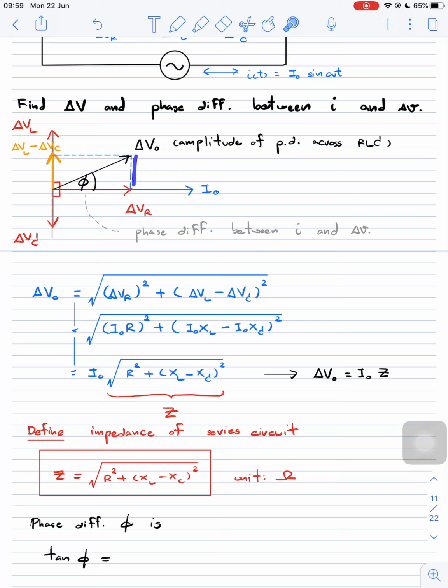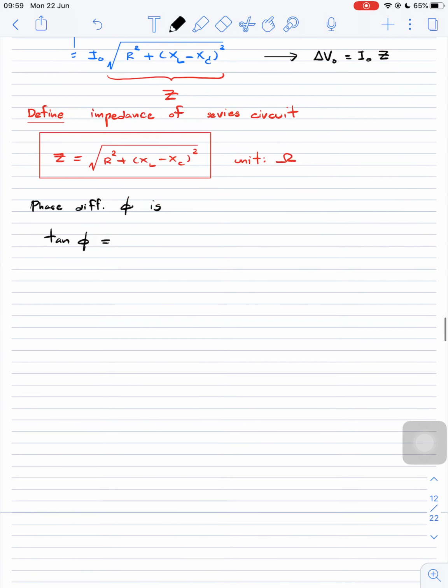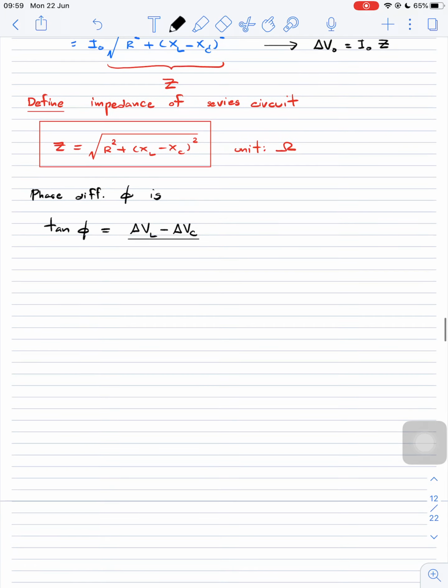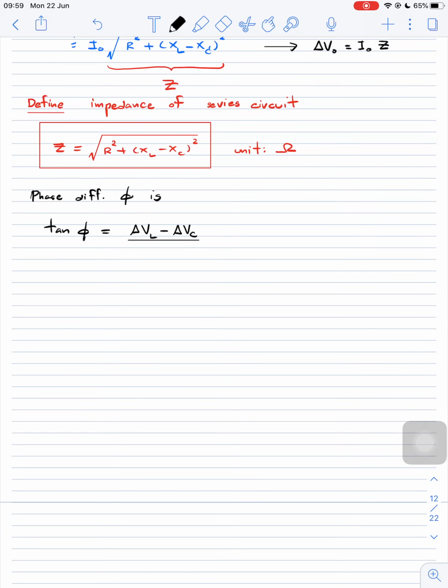So this opposite equals this guy, and the adjacent equals this guy. So we have that equal to delta VL minus delta VC, over delta VR.